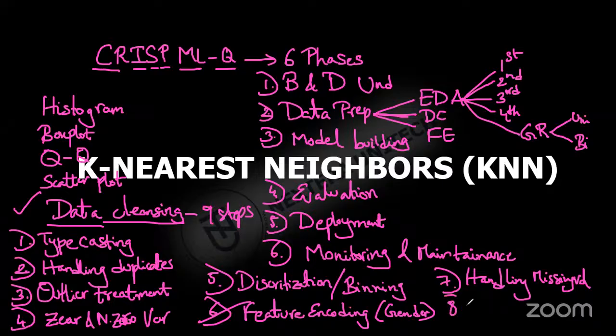In this way, I'll perform imputation to handle the missing values. Next to handling missing values, we discussed transformations. Transformations is a technique which helps us to convert non-normal data to normal data. If I have non-normal data, it will be converted to normally distributed data. That is the purpose of transformations.